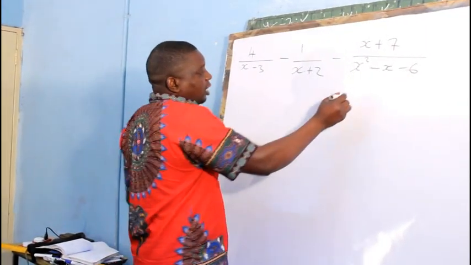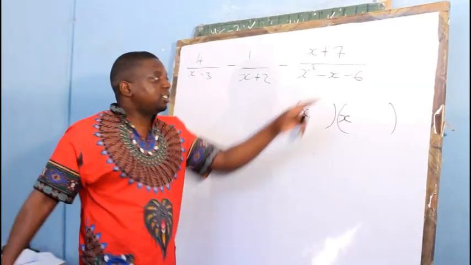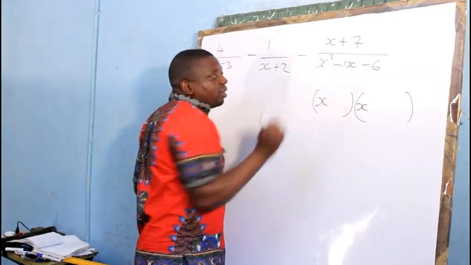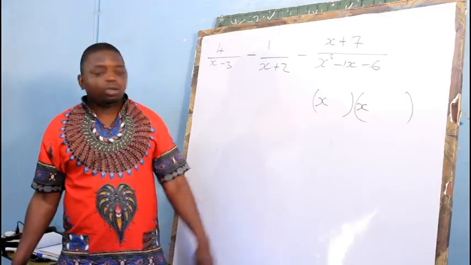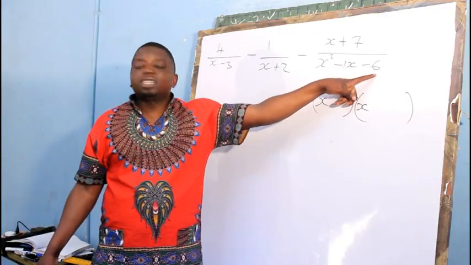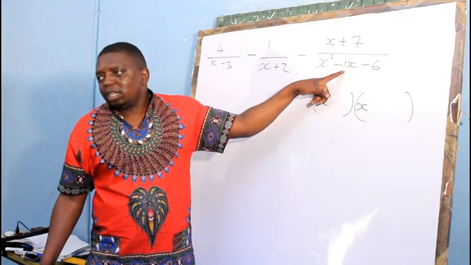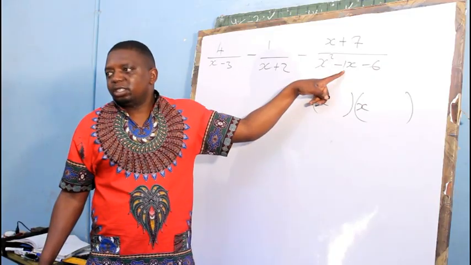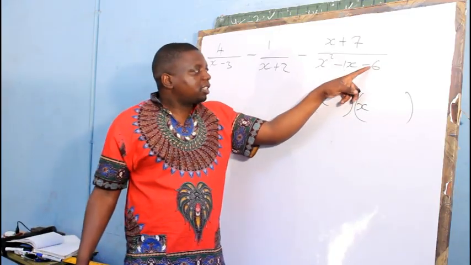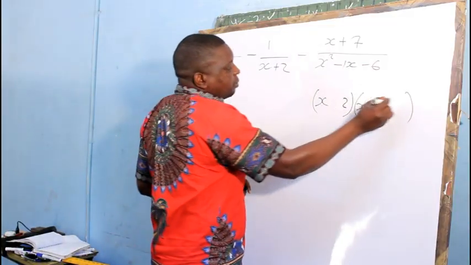We try some brackets: x and x, and the middle term is minus 1x. We want the factors of 6 which when subtracted give 1. Which factors? 2 and 3.